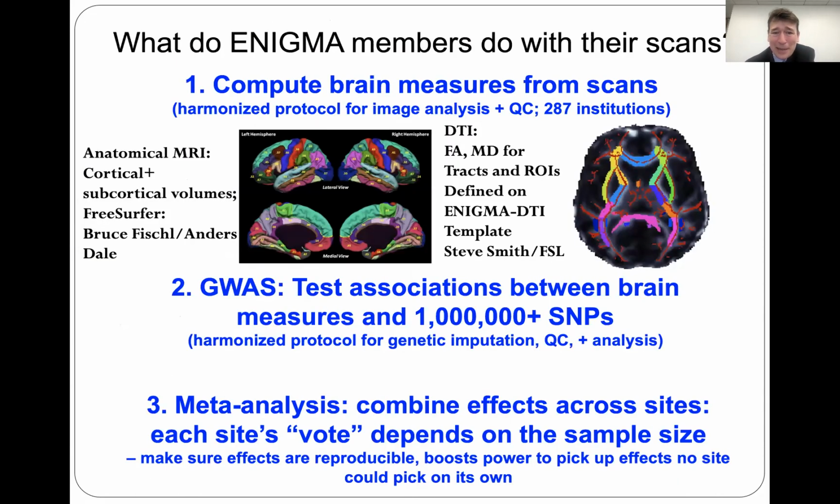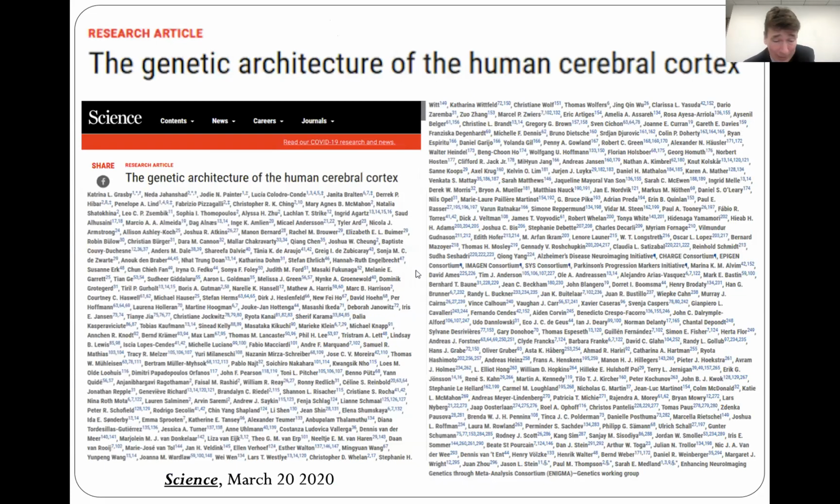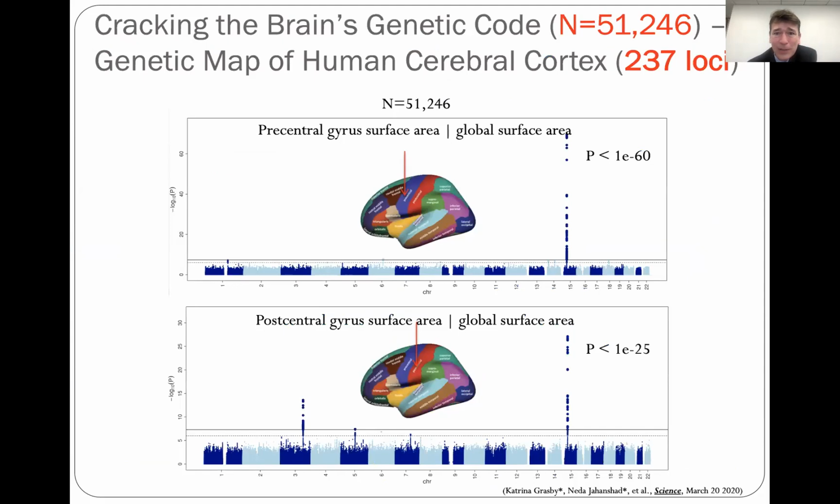So same idea again, everyone genotypes their patients this time, tests associations with genetic markers, and meta-analyzes the effects. And actually, this was extremely successful in discovering markers in the genome that affect cortical morphometry. As you move around the cortex, these are actually surface area measures for each region.